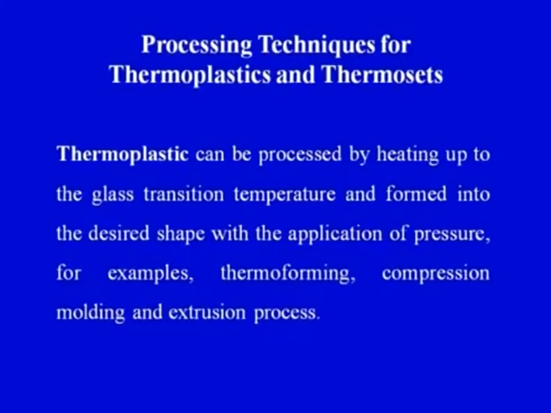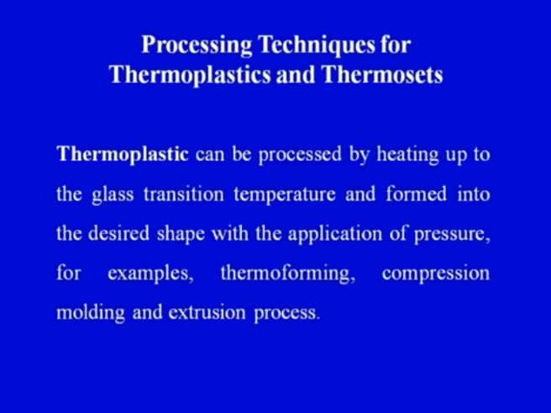Thermoplastics can be processed by heating up to the glass transition temperature and formed into the desired shape with the application of pressure. So we can see in these three lines two important variables coming into the picture. Variable number 1 is the heat, that is, the heating has to be done. Variable number 2 is the pressure.